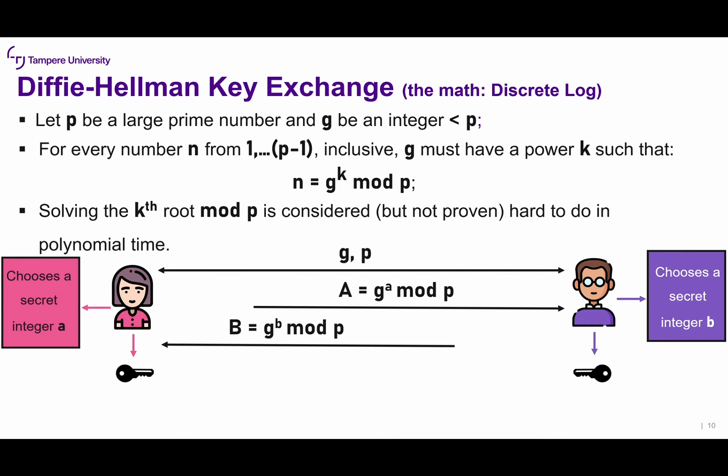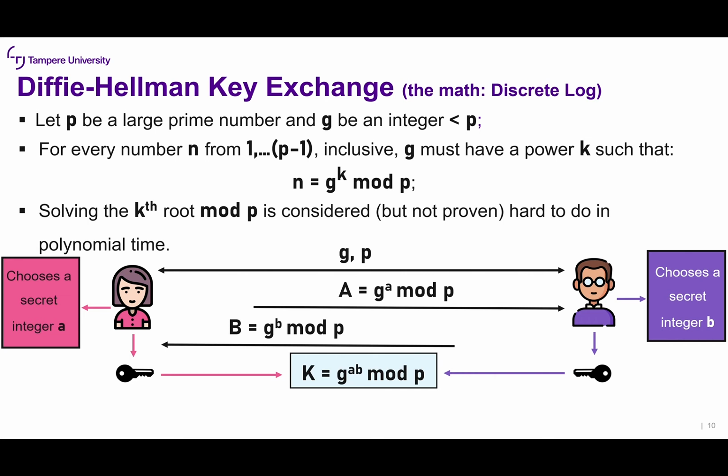To do so, Alice, who is the only one who has access to her secret value A, will calculate capital B to the power of A, and Bob, who is the only one who has access to his secret value B, will calculate capital A to the power of B, and this will result in a shared secret key, the same key on both ends, K, which is equal to G to the power of AB mod P, right?